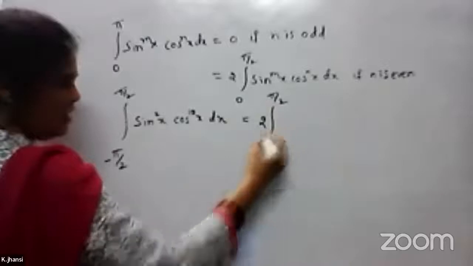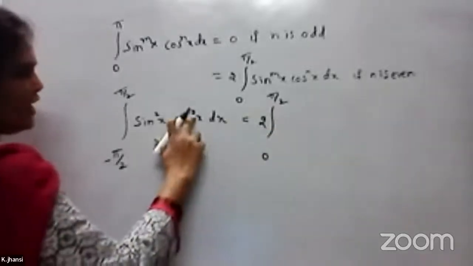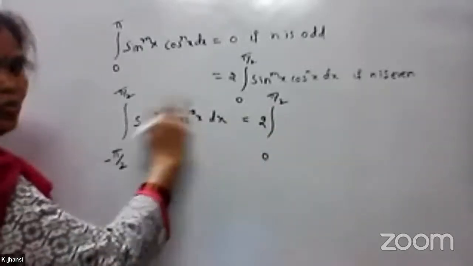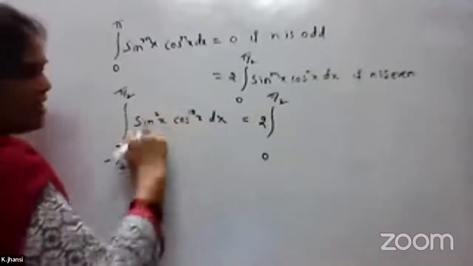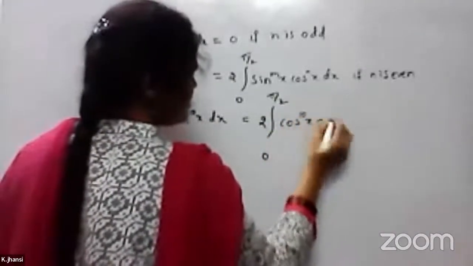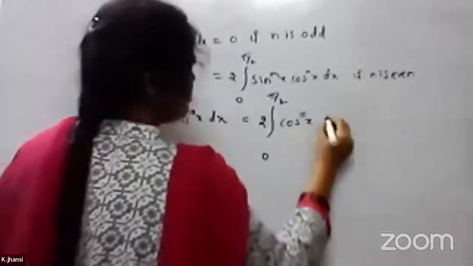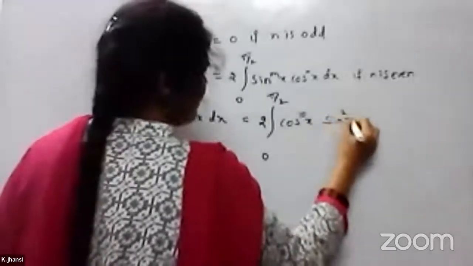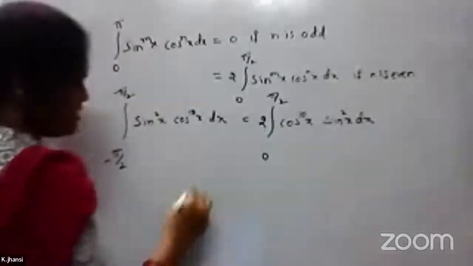Here also we are converting that. So here first you take the larger number, 10 or even. So we can interchange them. So you can write like this, cos to the power of 10x into sine square x dx.